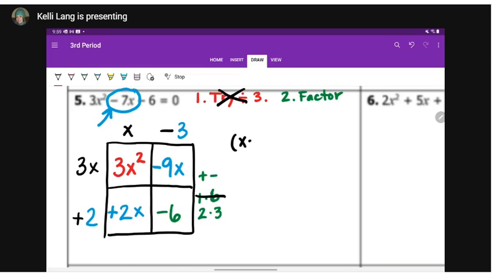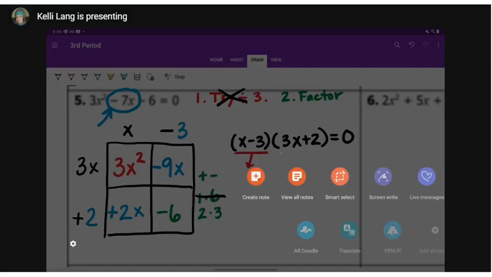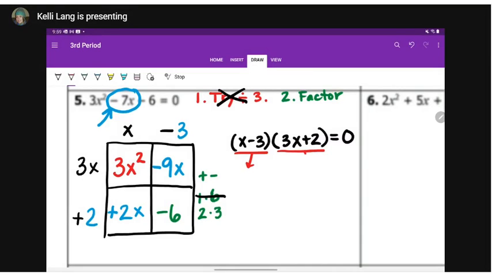And we can rewrite this in factored form. Our two factors are x minus 3 times 3x plus 2. And from here, we can find our two roots. So I'm going to actually write this one out.